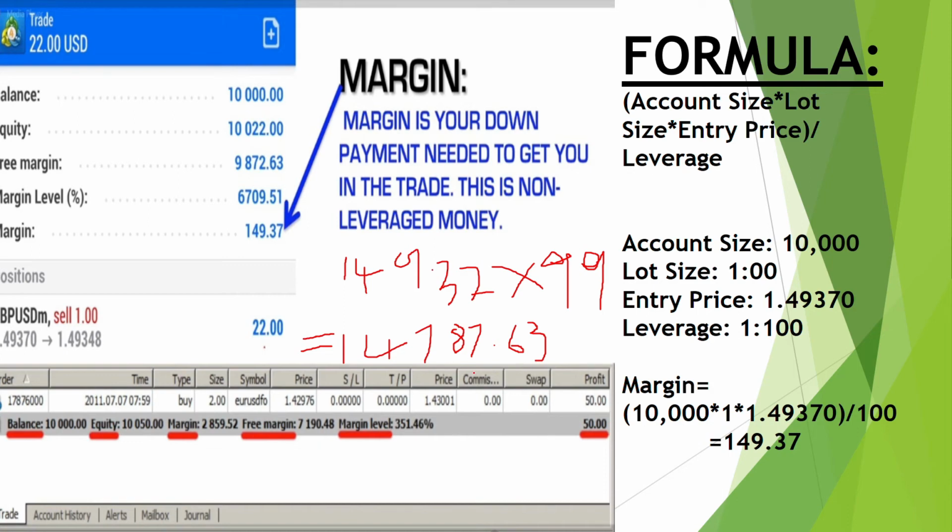So this is the amount your broker gave to you, in order for you to use this one standard lot.